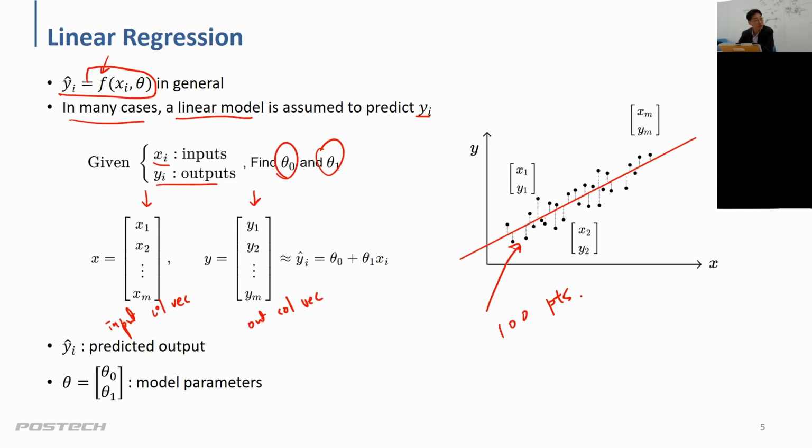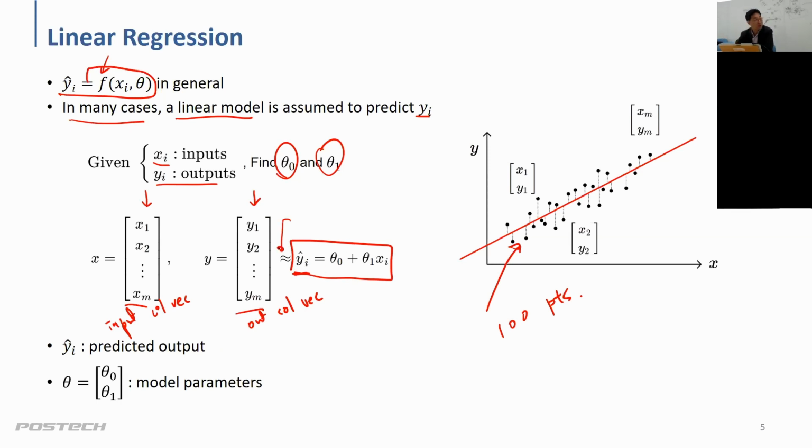Now, since we have many data points, I'm trying to form them as vectors, and we will do vector or matrix calculations. That's what I want to do. And this will be the linear model.